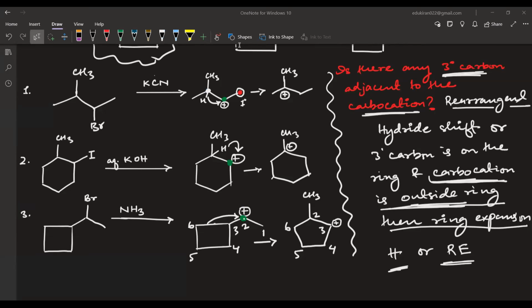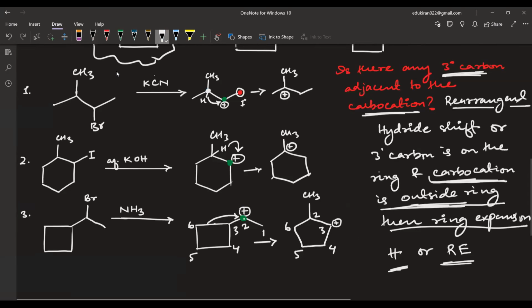Sir, I wasn't able to hear you last minute. Could you say what we're supposed to find? You have to write the product. Here we have the reagents, right? And we have done these reagents.